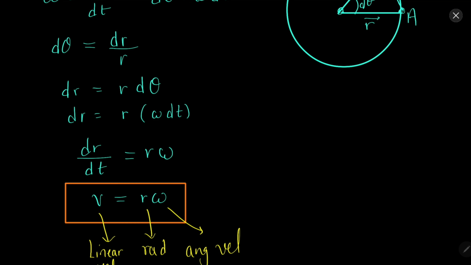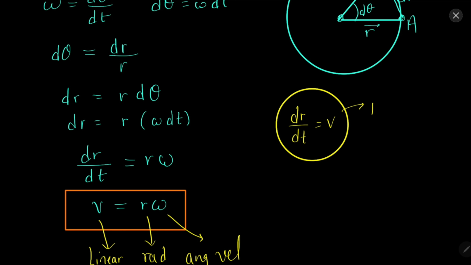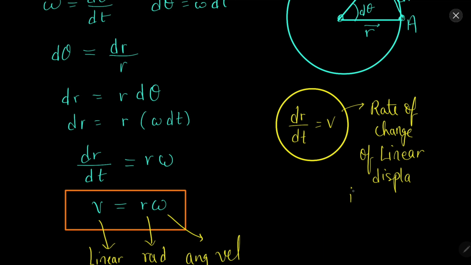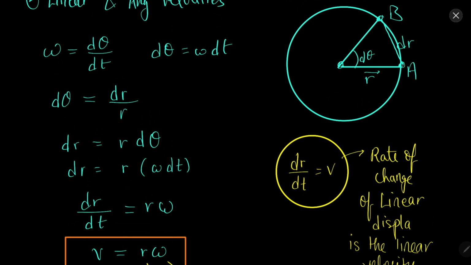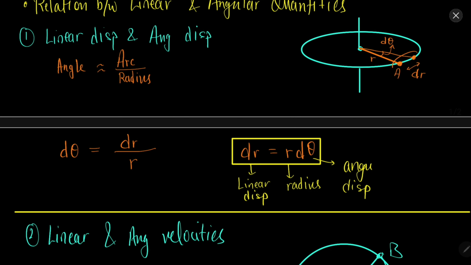So dr by dt is equal to v, rate of change of linear displacement is the linear velocity. So this is how we can get the relation between linear and angular velocities.